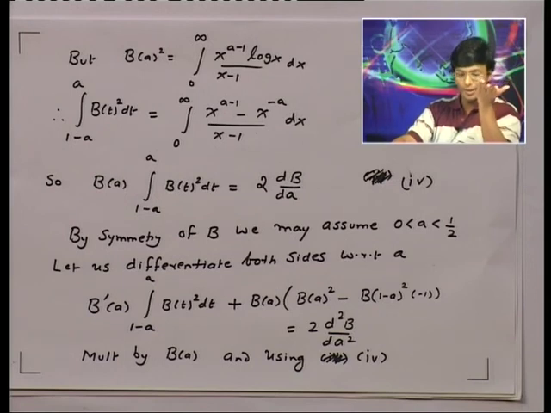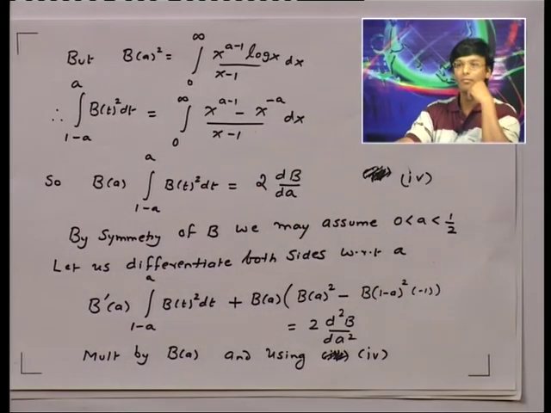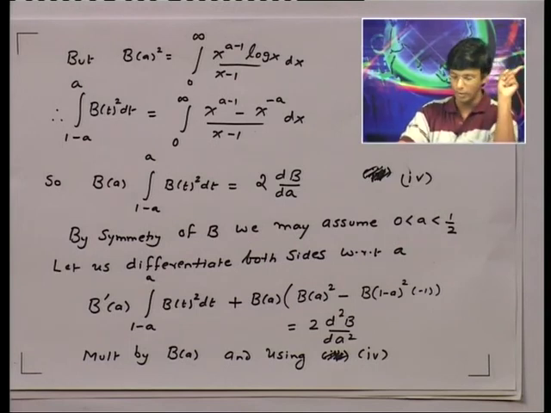Integration with respect to t produced a log x in the denominator, and it is a definite integral from 1 minus a to a. That is how you get all these things, correct, right? You have to do the algebra. It is a simple integration, just one single integration, that is it, nothing complicated.